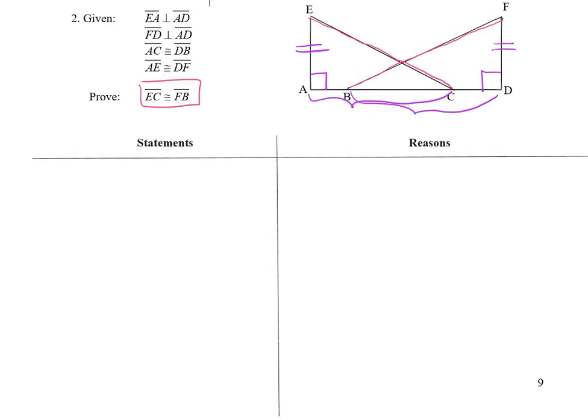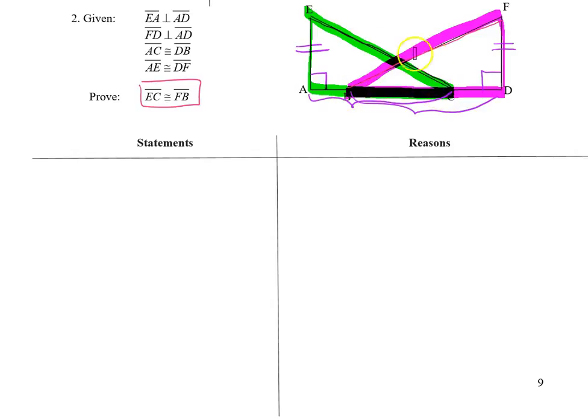Okay, so these triangles are slightly overlapping. Okay, that's okay. If I highlight this here, I'm trying to prove that this green triangle is congruent to this pink triangle, because then I can say their corresponding parts are congruent. All right, so before I write my proof, let's come up with a plan, right?